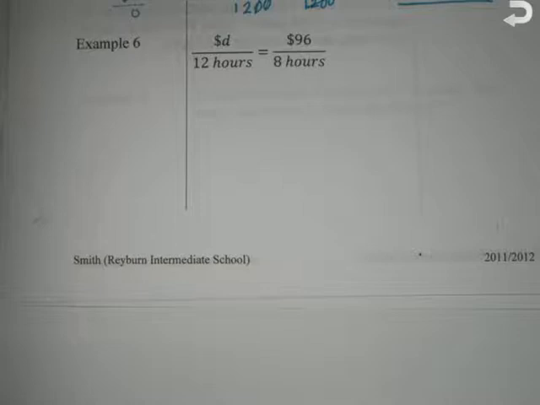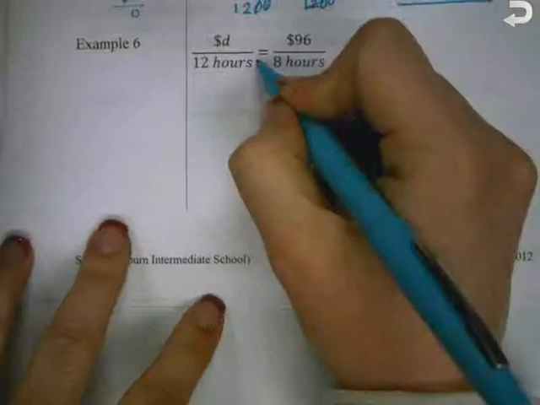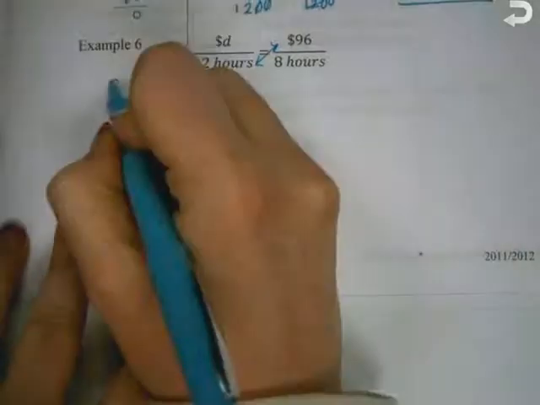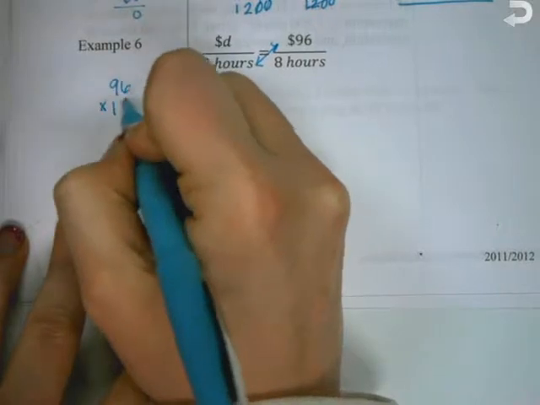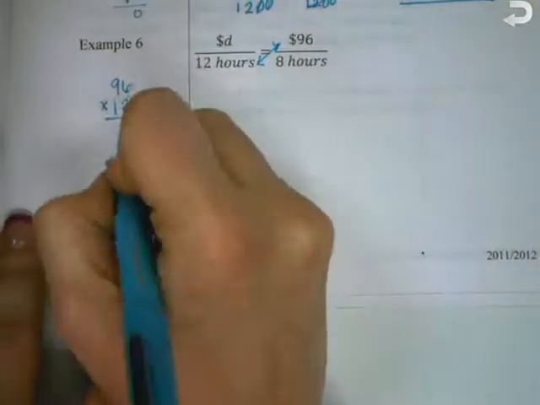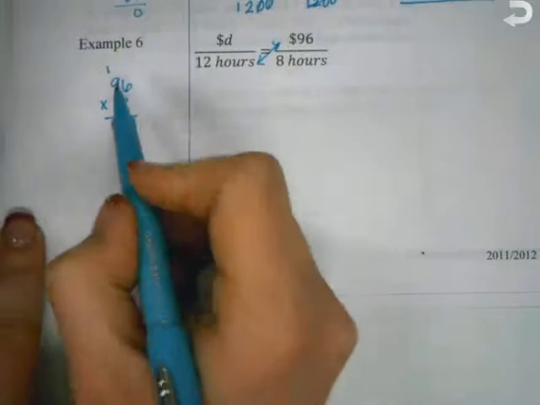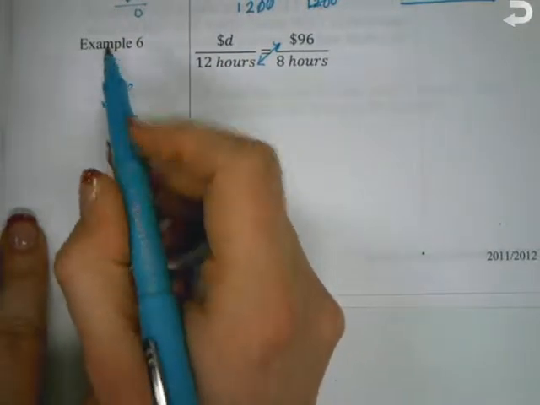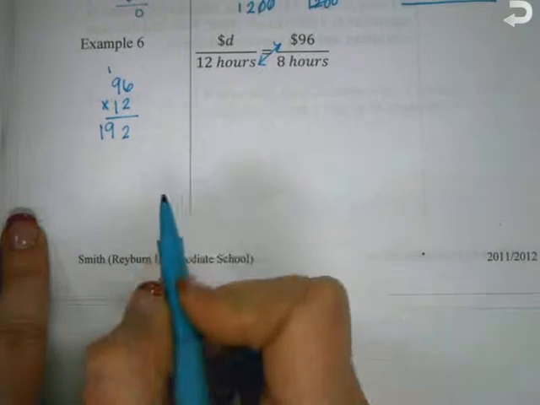Okay, 2 times 6 gives me 12. Carry the 1. 2 times 9 gives me 18 plus 1 is 19. We skip 1. 1 times 6 gives me 6. And 1 times 9 gives me 9. I add those together.